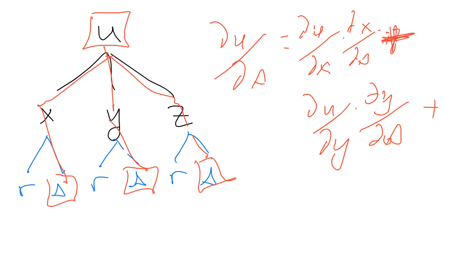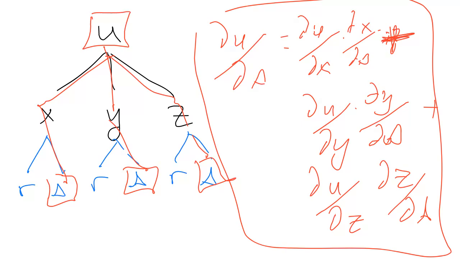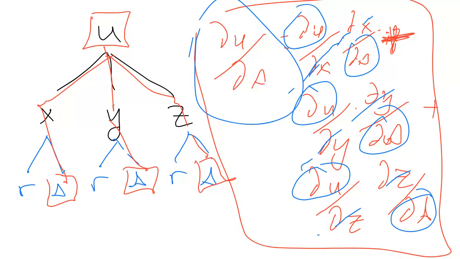We're adding these products together: the partial of u with respect to z times the partial of z with respect to s. So ultimately we have three products that we're adding together. And what's nice, same deal, those cancel out like before, but ultimately you have the partial of u with respect to s remaining, but you have three different branches of where that comes from.